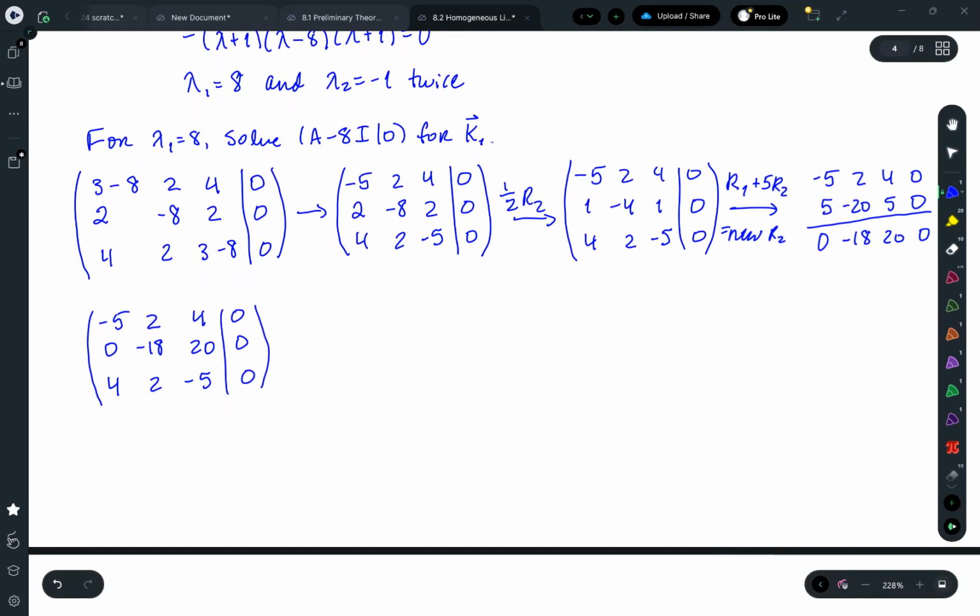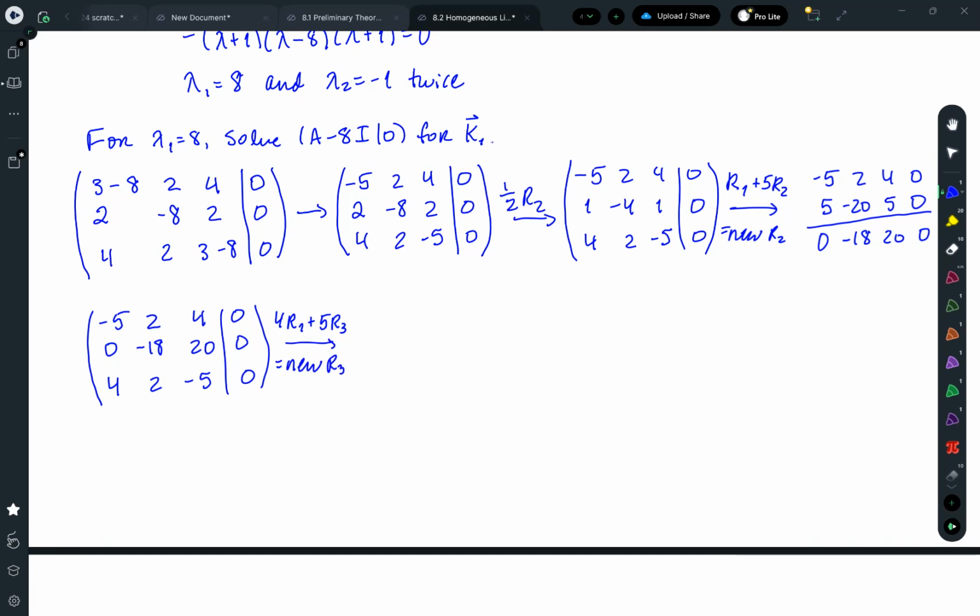Okay. Now, I need to use row 1 to clear row 3. And the only way I could do that is if I was to multiply row 1 by a 4. So 4 row 1 plus 5 row 3, and that would give me a new row 3.